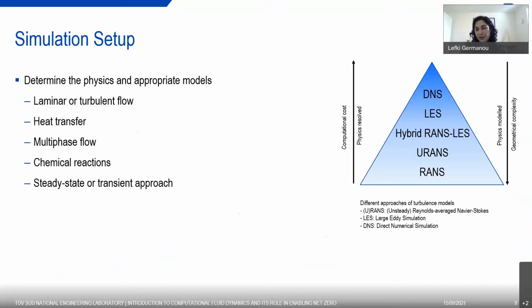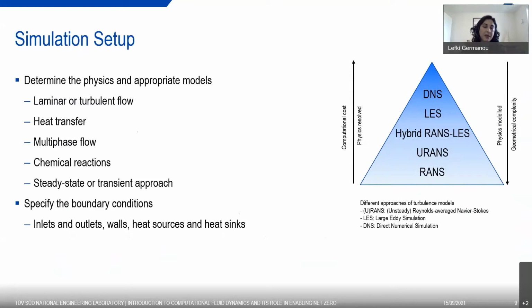It's important to highlight that in the industry, we commonly use the RANS models, which stands for Reynolds-averaged Navier-Stokes equations. They are commonly used in the industry because models like LES or DNS are extremely expensive to use in actual geometries. Therefore, the RANS models are often preferred.